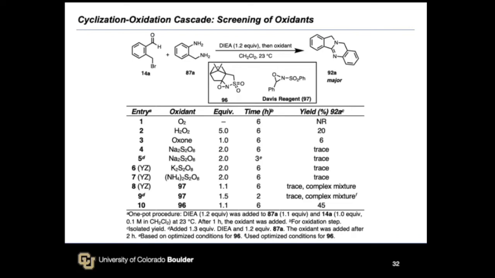Rachel, when you used strong oxidants, like entries 3 to 7, did you observe any oxidation of the anilines? I don't recall observing any oxidation of the anilines. That probably wouldn't have shown up by LCMS because I think it's too small.